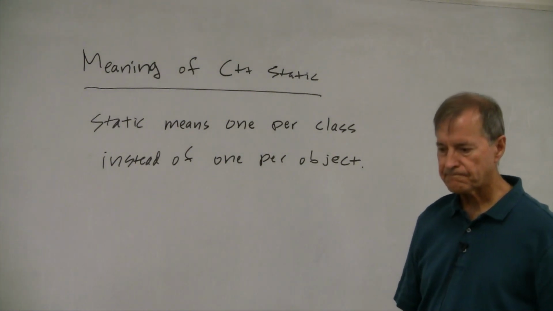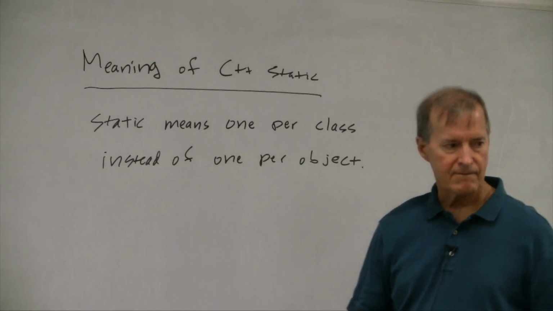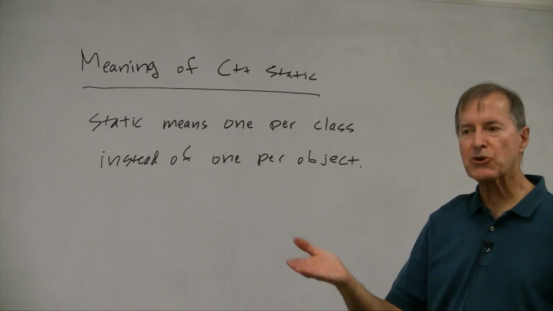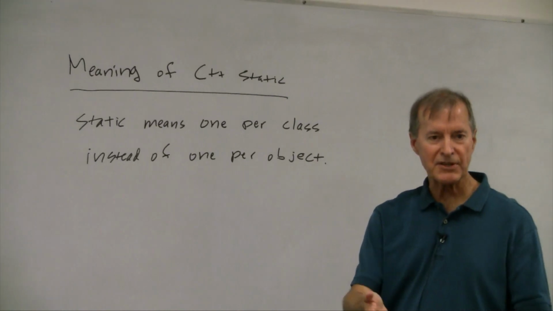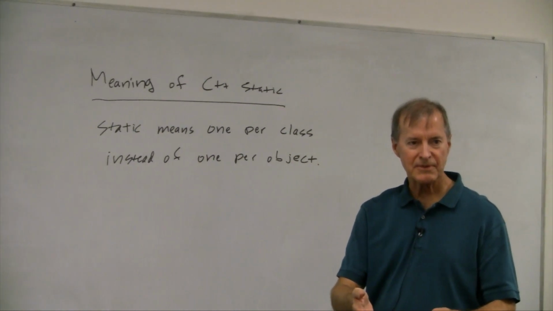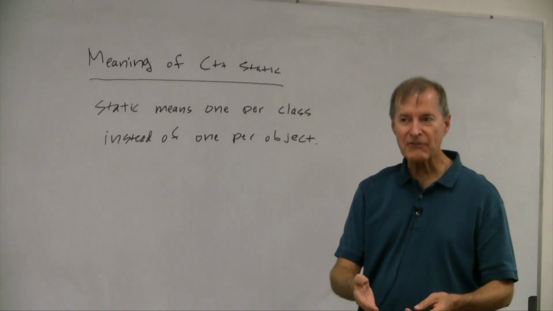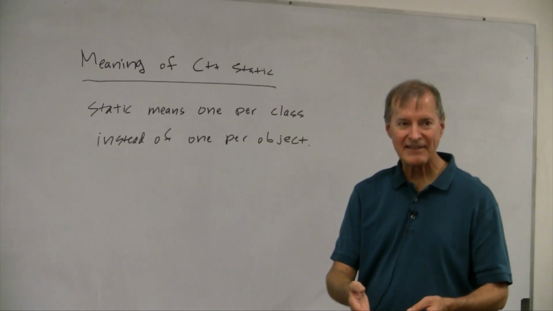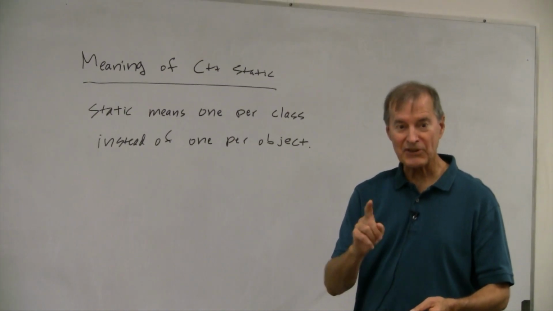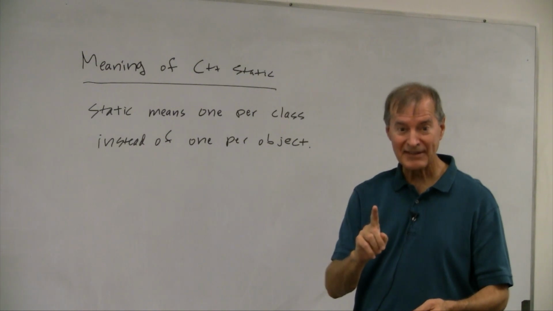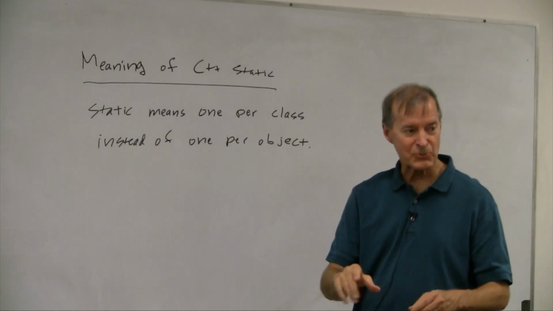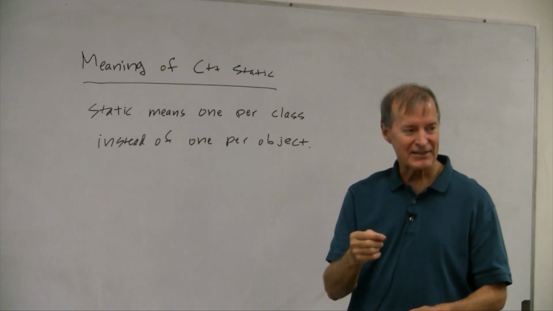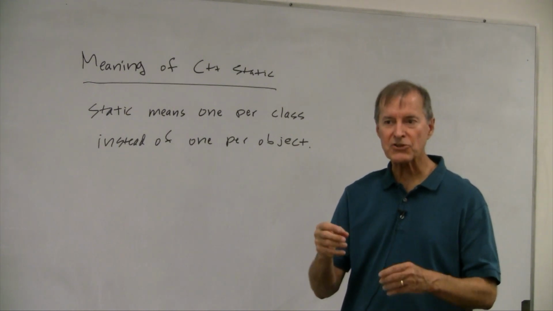So, here's the thing. Remember when we did the demo and we sorted 50 numbers? Did we want there to be 50 counters? No, we only want there to be one counter for the whole class. We didn't want each object to have its own counter in it. Do you see what we're doing? We are sorting objects.